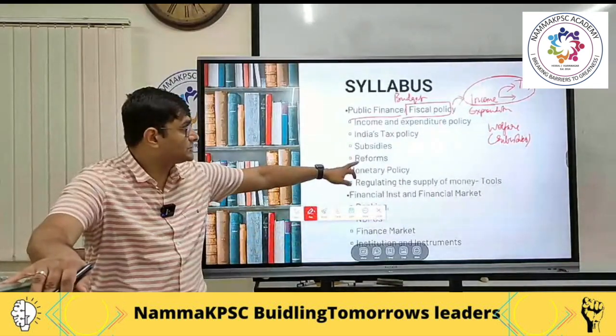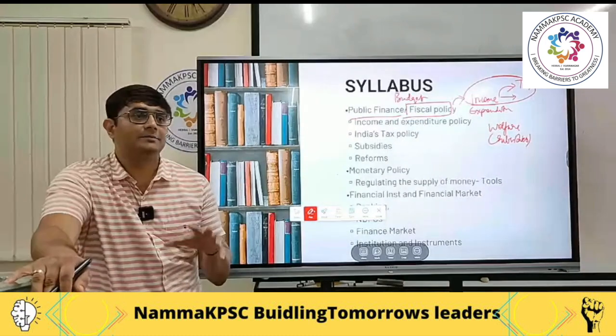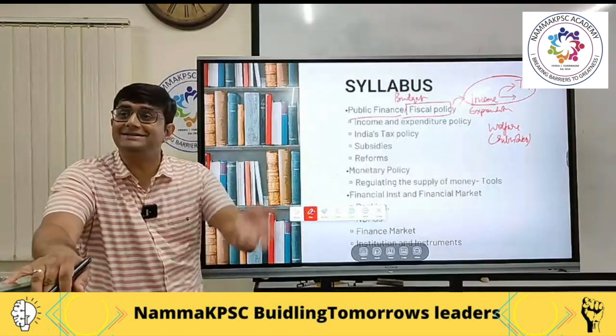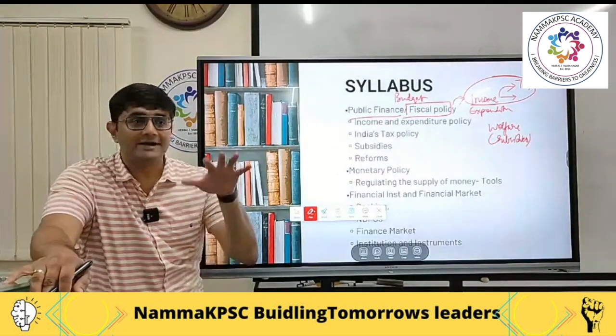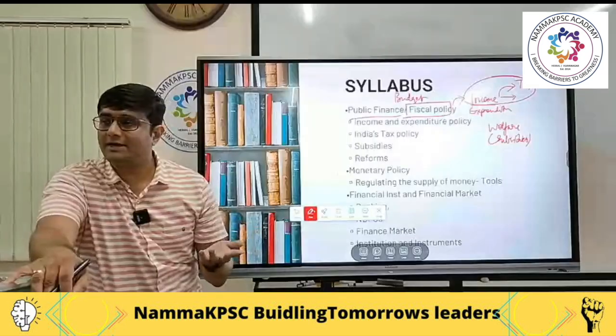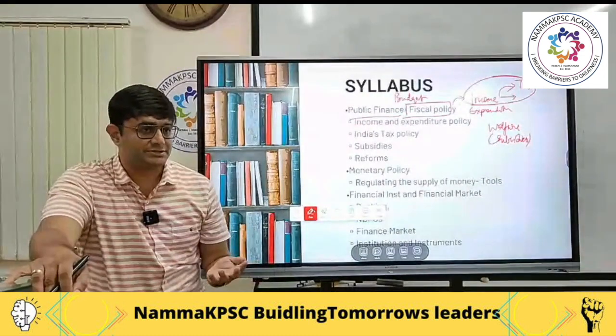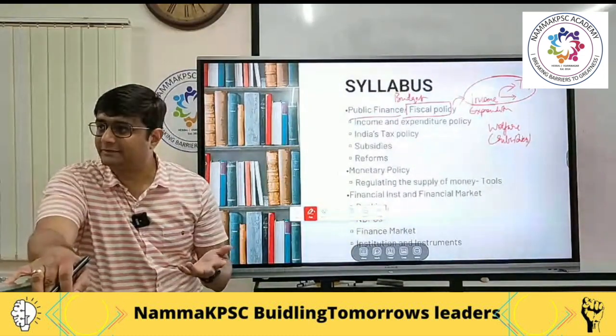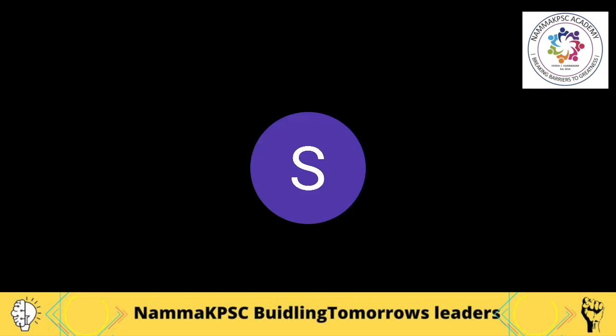We'll also have to focus on the reforms undertaken by the government in order to increase its income and reduce its wasteful expenditures. So there are several expenditures which are inefficient. Government is taking efforts to reduce it. For example, subsidies.